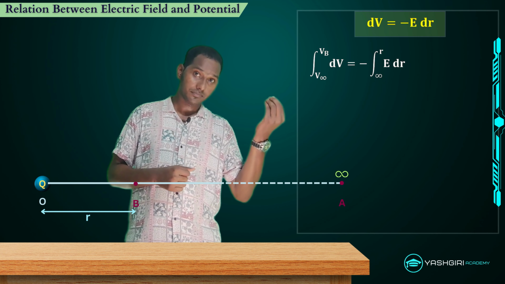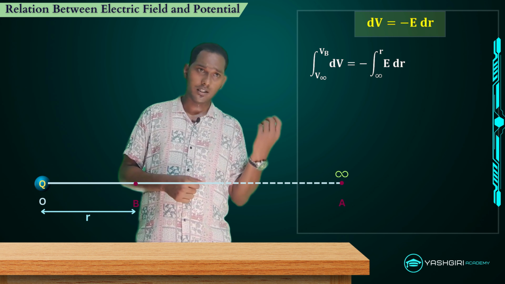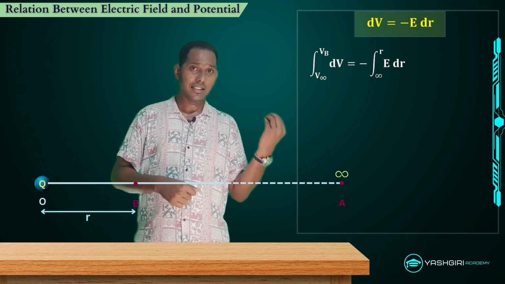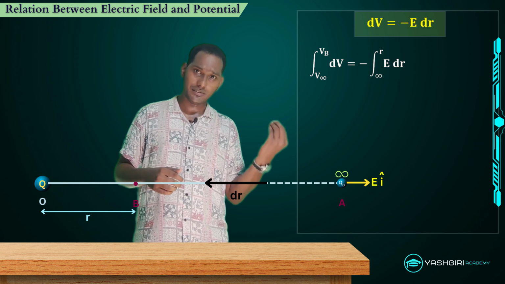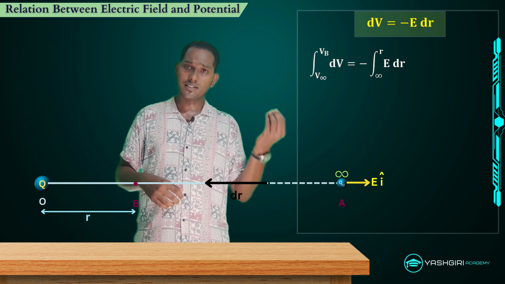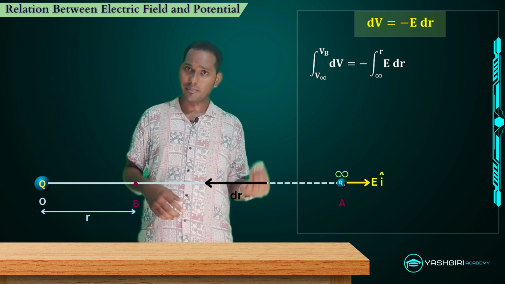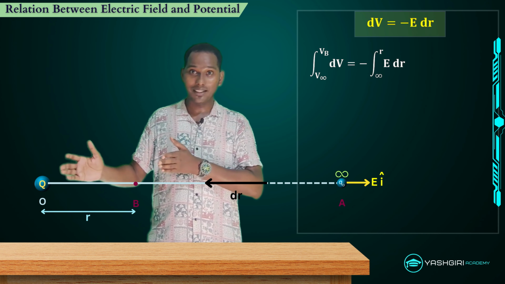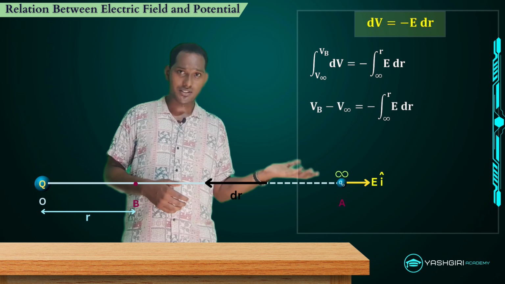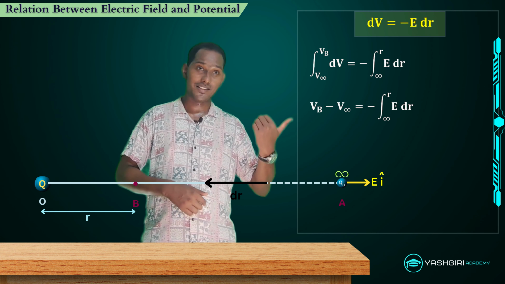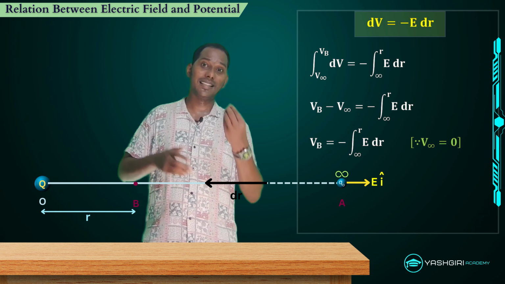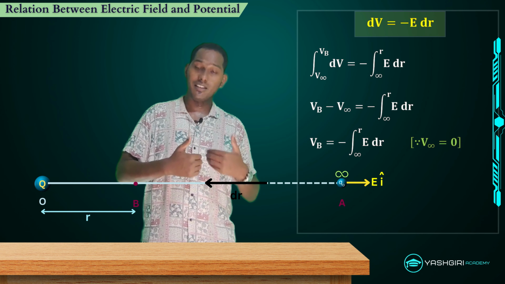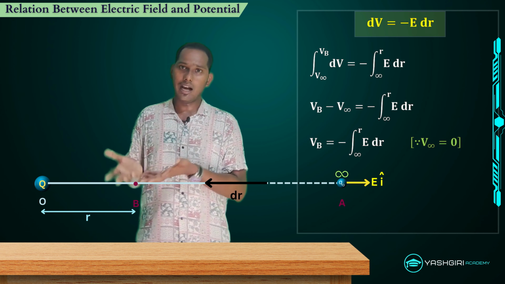On the left hand side, the integral from the potential at infinity to the potential at B of dV is equal to, on the right hand side, minus integral of E dr, with limits from infinity to R. And we know potential at infinity is 0, so I can write the potential V at a particular point as equal to minus integral of E dr, limits infinity to R.